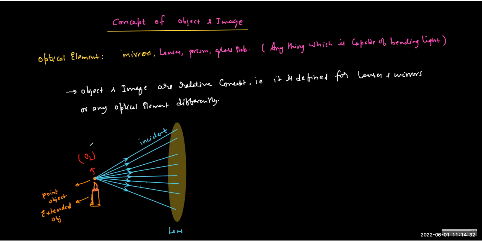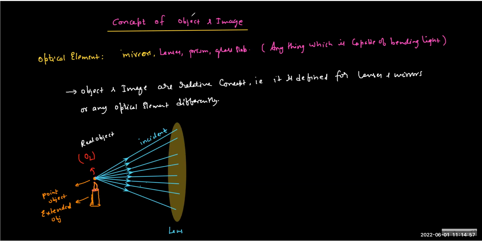Such an object, which can actually be obtained by retracing the incident rays, is called a real object. Real means the light rays are actually intersecting.